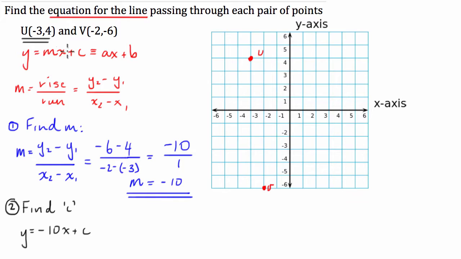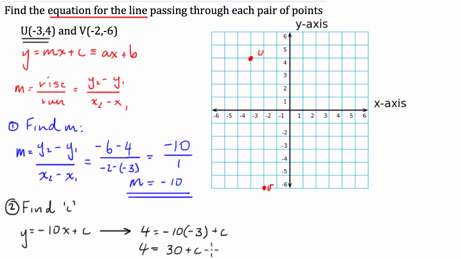So we know that y is equal to 4 when x is equal to negative 3. So we have 4 equals negative 10 times negative 3, plus c. Negative 10 times negative 3 is positive 30. So we have 4 equals 30 plus c.